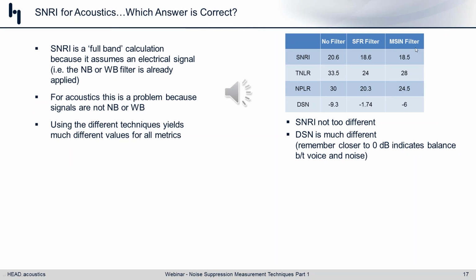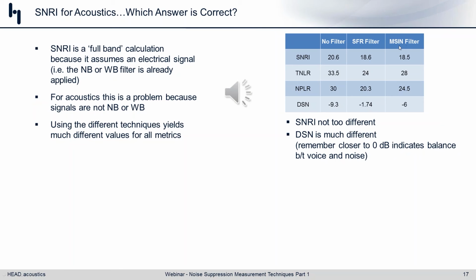Now remember, this is for the acoustic test case, where if we don't use any filter, our SNRI is around 20. If we apply the send frequency response filter from our phone to the unprocessed signal, well, our SNRI is still pretty good, a little over 18 dB. It's pretty good improvement. But you look at the other numbers, and especially something like the DSN, and you can see there's a lot of change there.